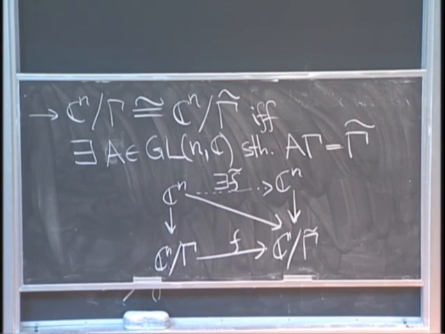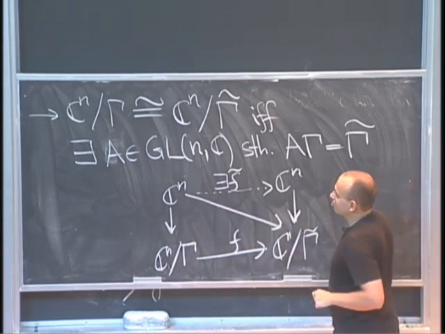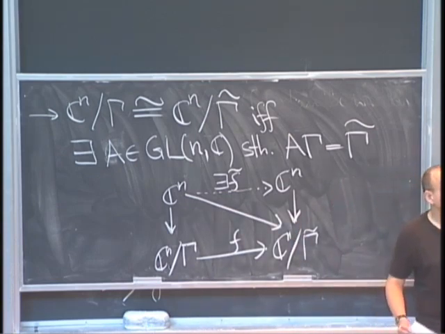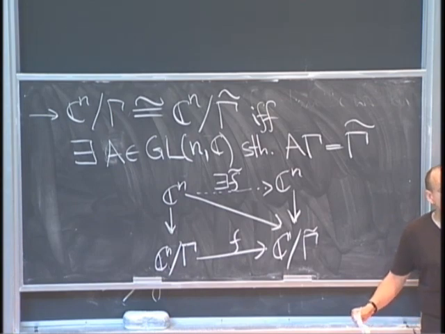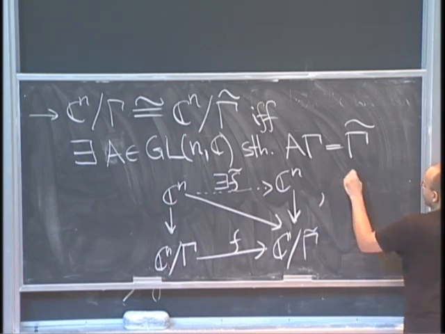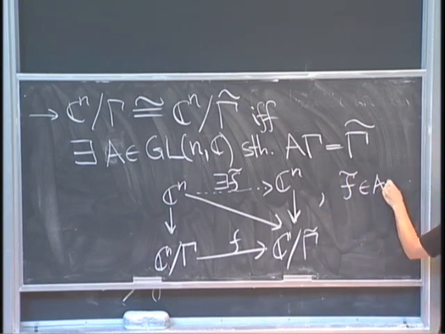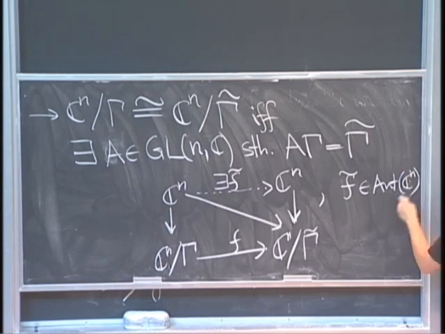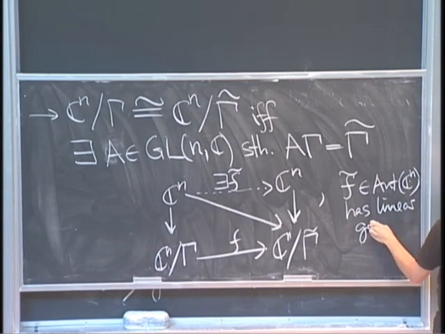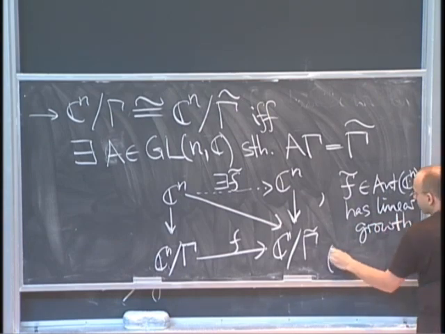You might say, it's horrible, we don't actually know what the automorphisms of C^n are in general, except when n is equal to 1, so we can't really say what F tilde is. But that's not really a problem, because F tilde is going to be equivariant with respect to the actions of the deck transformation groups. So F tilde has linear growth by equivariance.